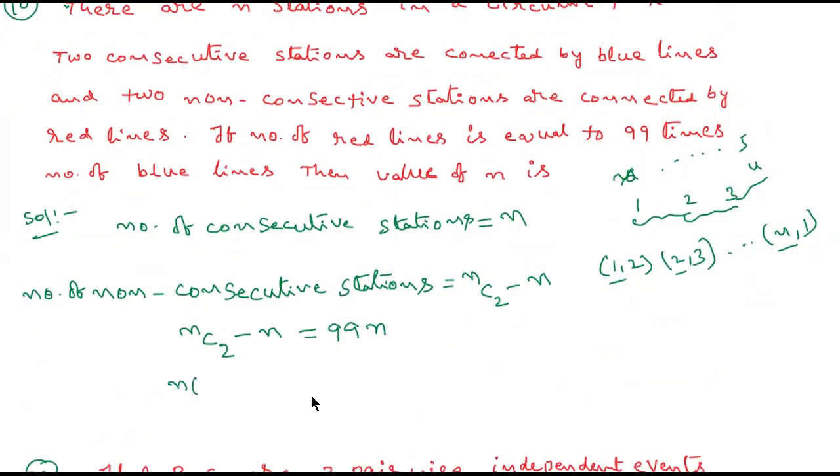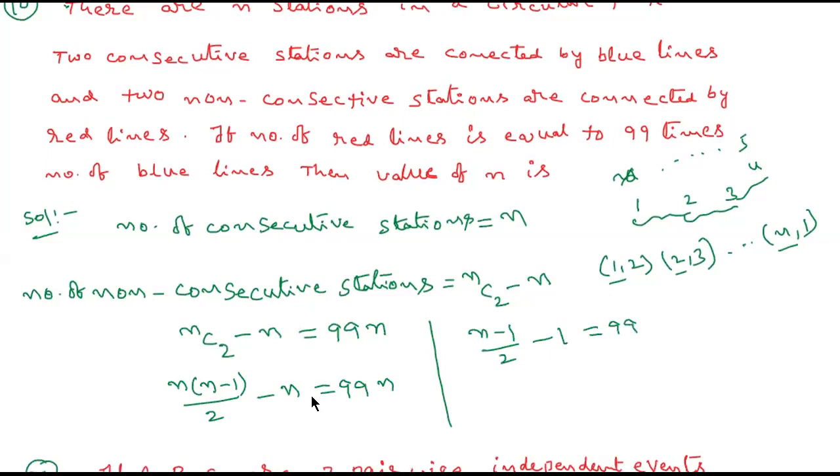Now see the calculation. nC2 means n times (n minus 1) by 1 into 2, minus n, equal to 99n. Here take n common on the left-hand side, and the n on the right-hand side will cancel. Remaining is (n minus 1) by 2 minus 1 equals 99.